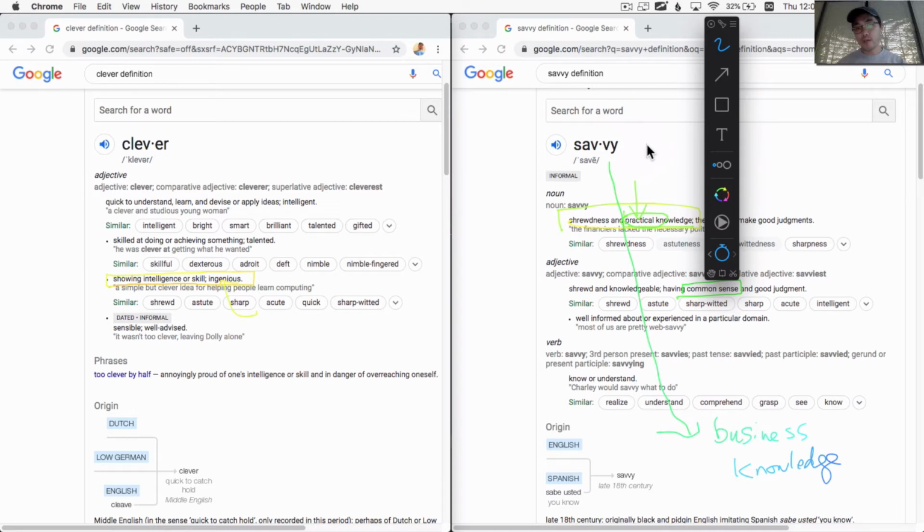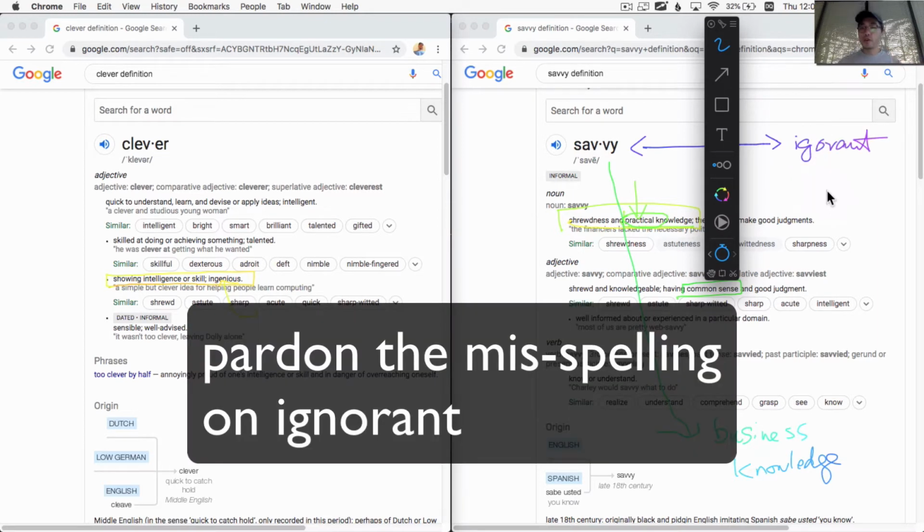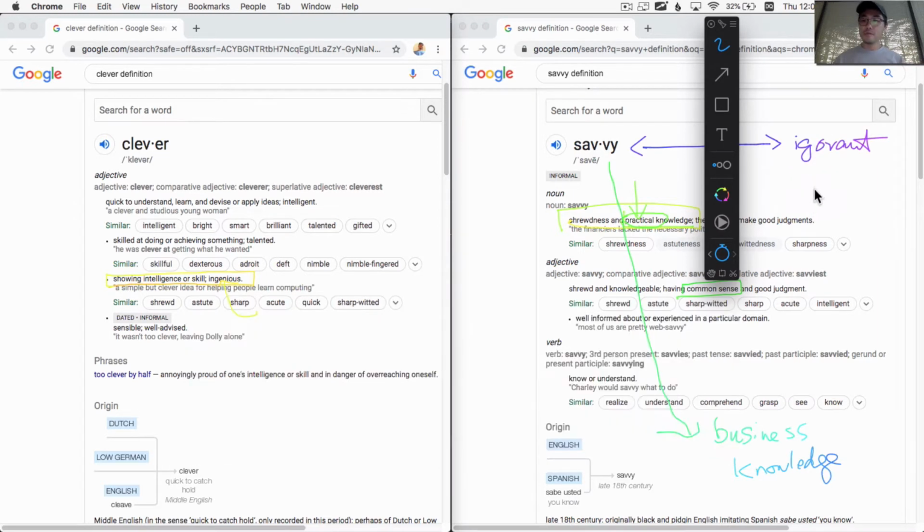The opposite of savvy, so if this were a scale, this to the left is the most savvy, to the right would be the most ignorant. A piece of code that is ignorant would be code whose vocabulary is devoid of any business knowledge, devoid of any terms that are related to any business-related idea.